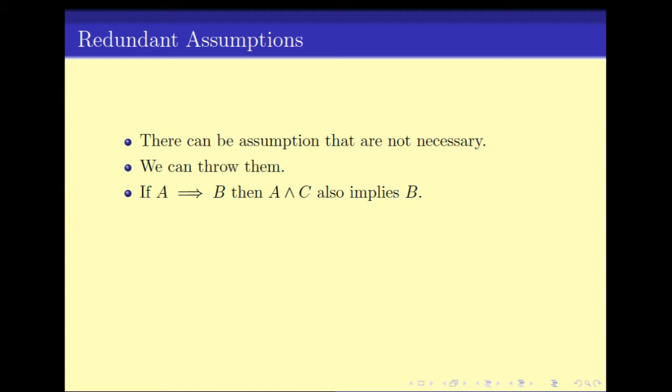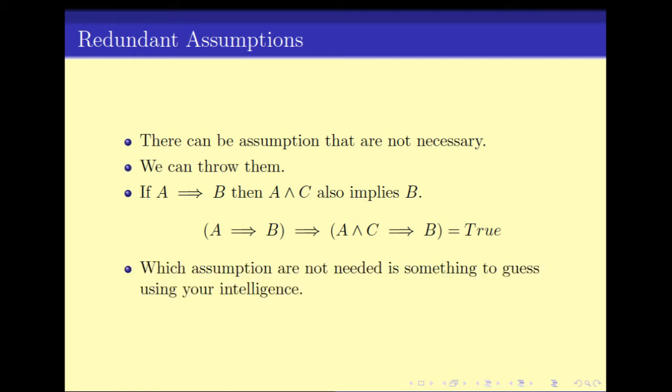The idea is simply that if A implies B, then adding some more assumptions, for example A and C, will also imply B. So if we have to prove A and C implies B, and we can prove A implies B, then we call C a redundant assumption, and throwing it away is useful for making the problem simple.